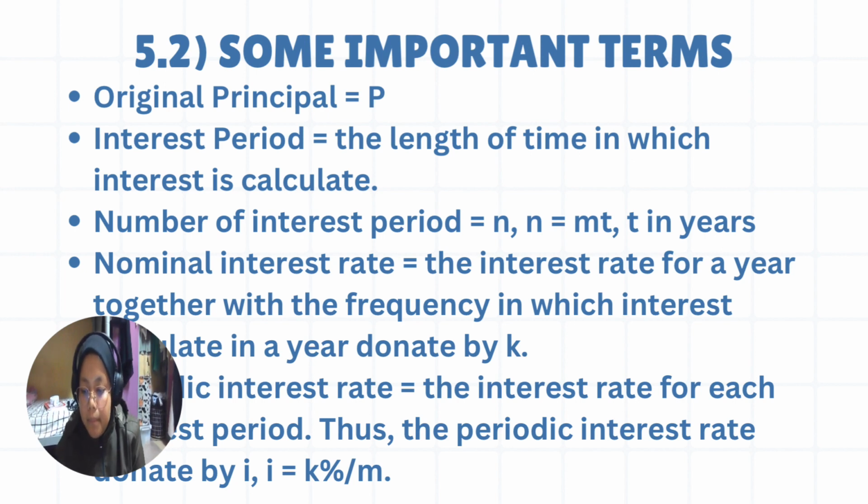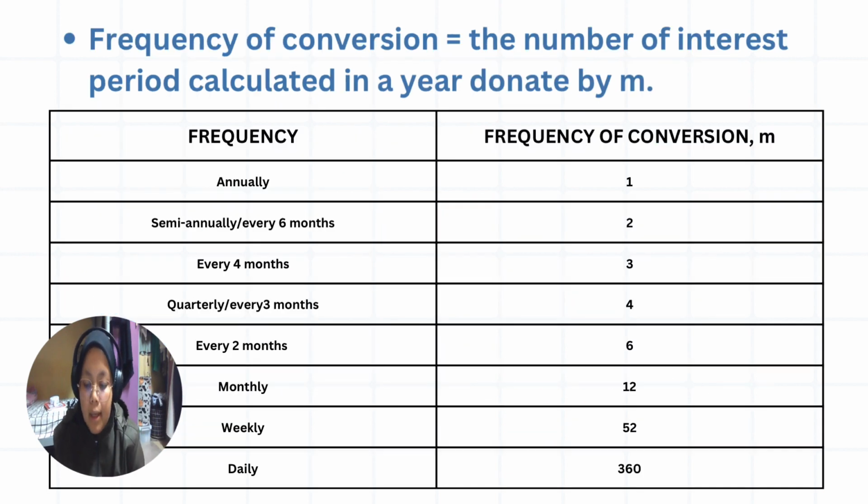And periodic interest rate is the interest rate for each interest period. Thus, the periodic interest rate I is also known as K% over M. So what is M? M is the frequency of conversion, the number of interest periods calculated in a year.